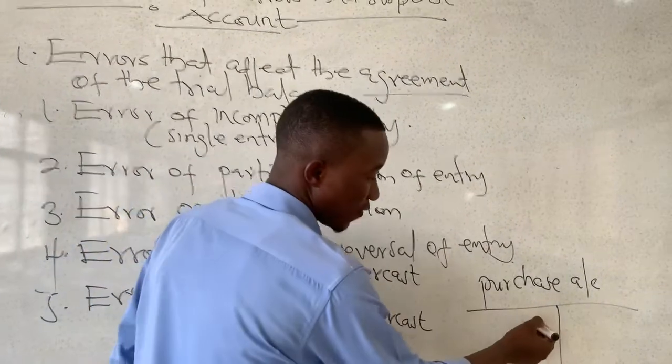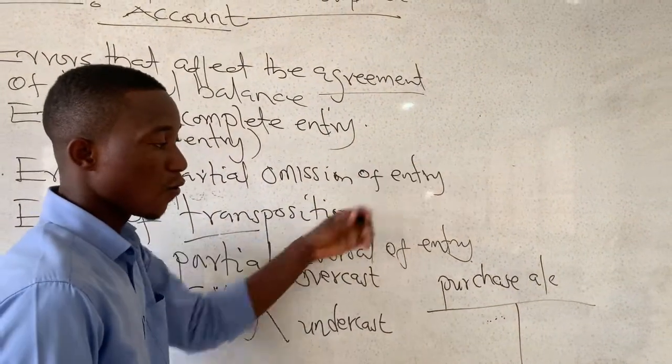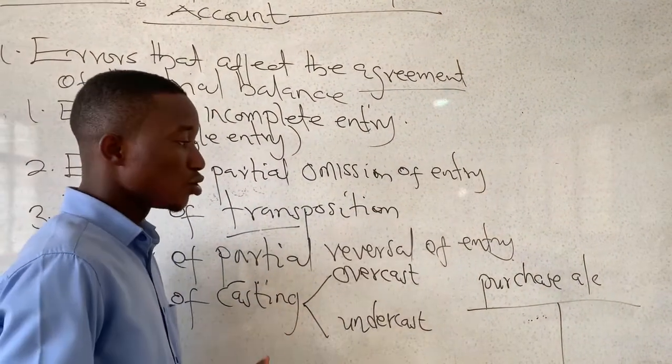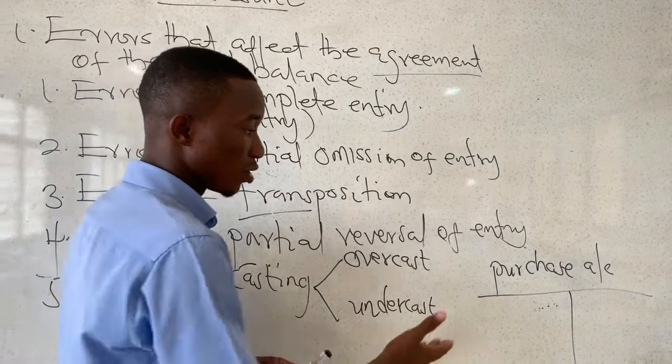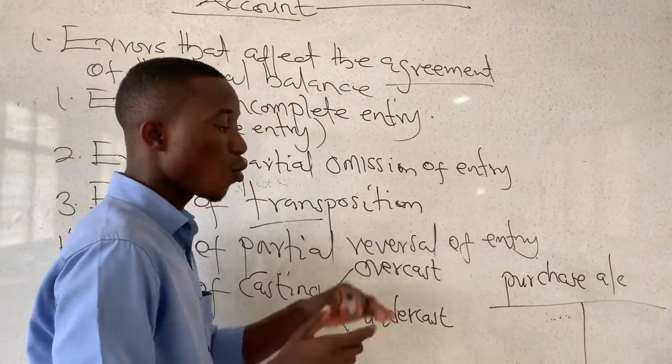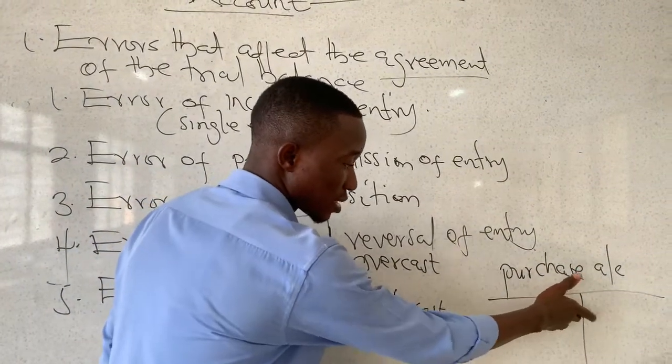Indirectly they've recorded 200 cedis over here because they are saying it has been overstated. So it is up to you to know the various balances of every account. So in effect, 200 cedis has been recorded here.